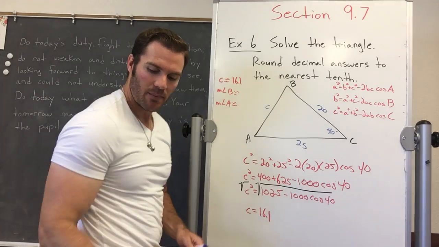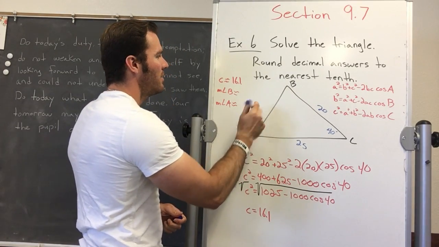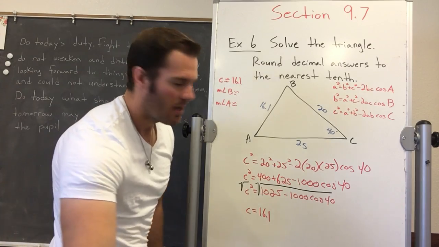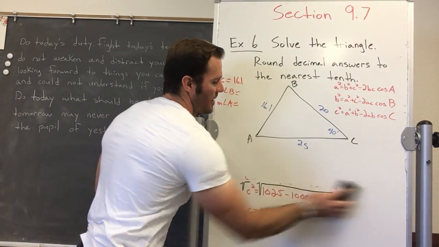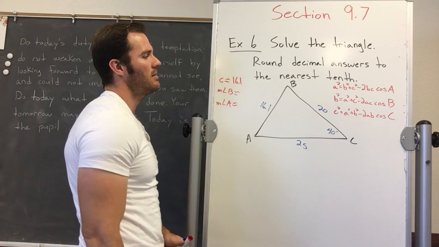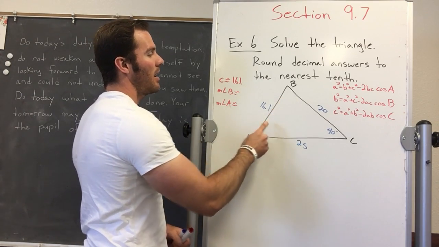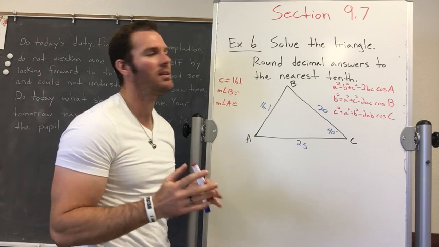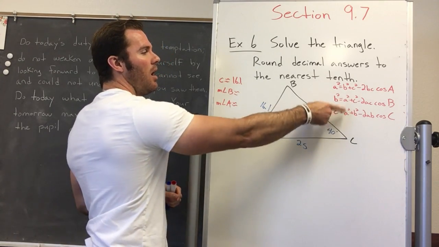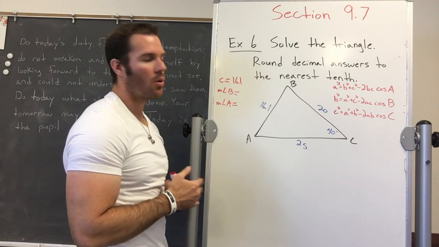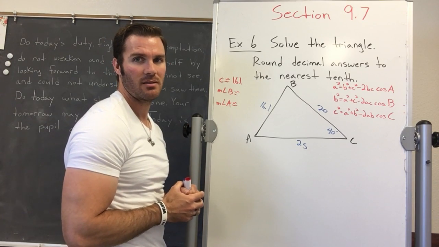All right, I'm going to write it on my diagram so I have it visually as well. Okay, now I'm going to erase all of this. I almost said delete. Erase all of that. I have all 3 sides, which is SSS. So now I could continue to use law of cosines to find my angles, or I can use law of sines.